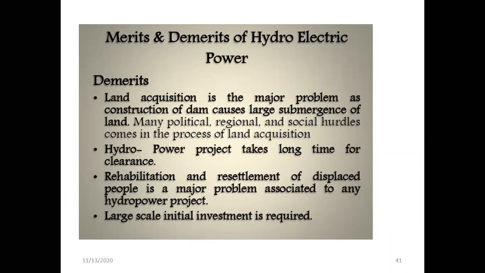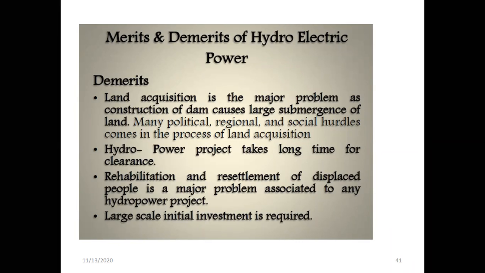The plant also takes a long time for clearance, and you need to rehabilitate and resettle the displaced people wherever you're developing a hydropower plant, because most of the land gets submerged, as we have said before. Also, although it has low maintenance costs, the initial investments are usually so high.